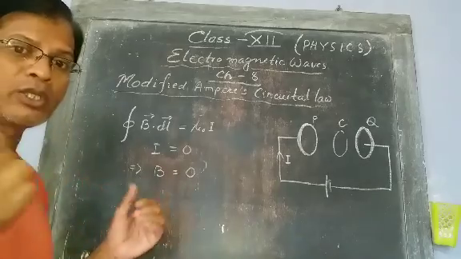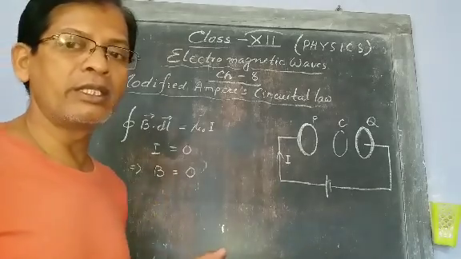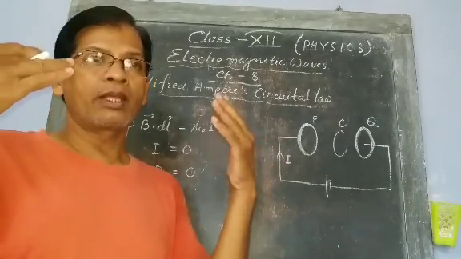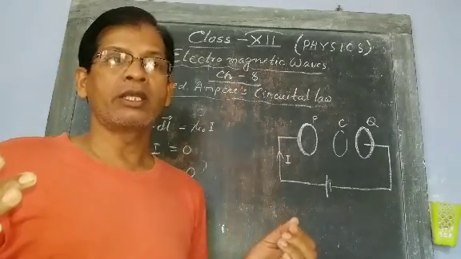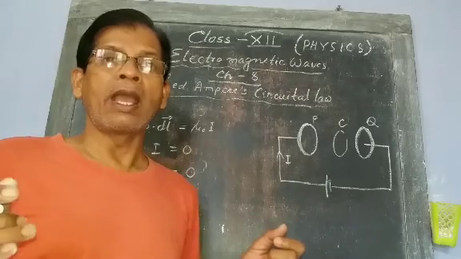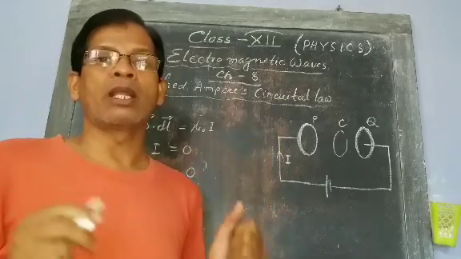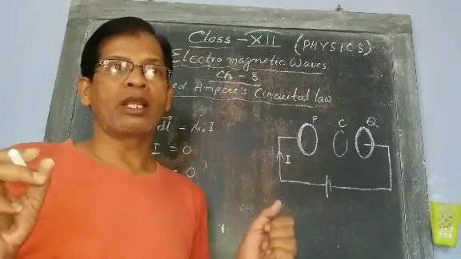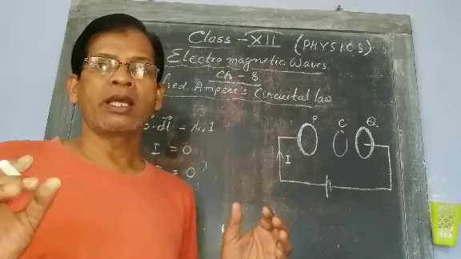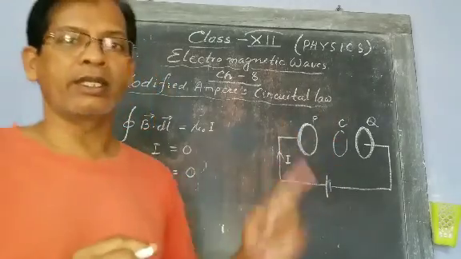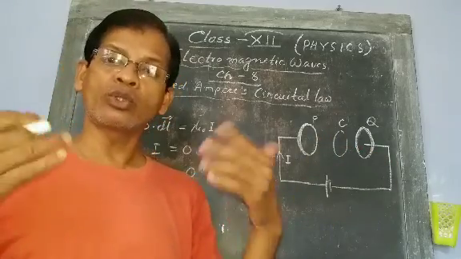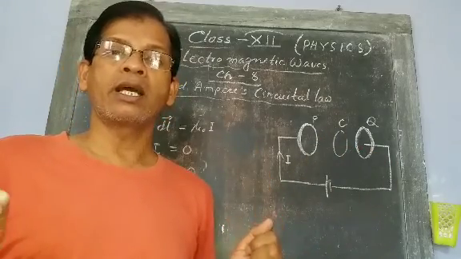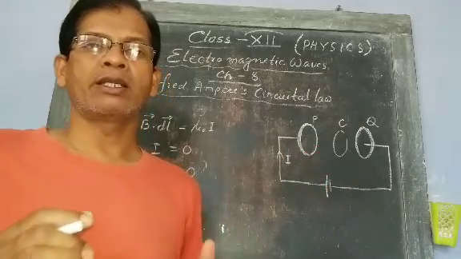So this inconsistency is resolved by the scientist Maxwell. Maxwell says that in between the two plates of the capacitor, there is also a current. This current is the displacement current.